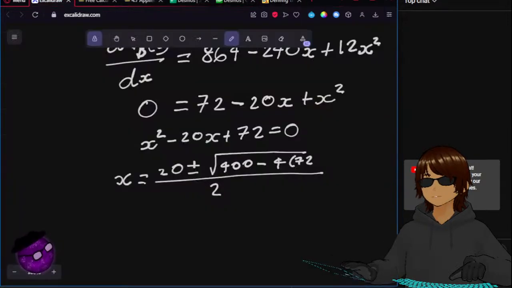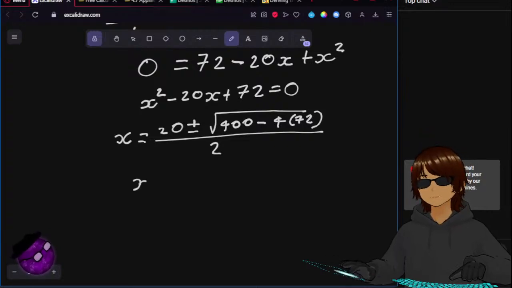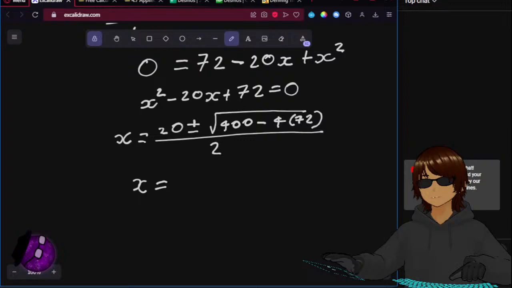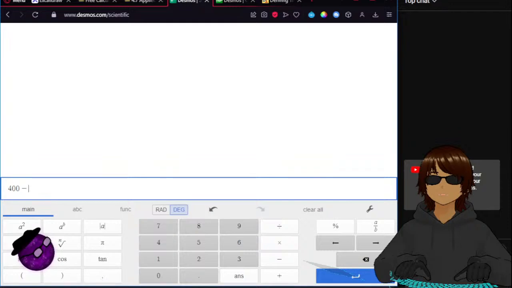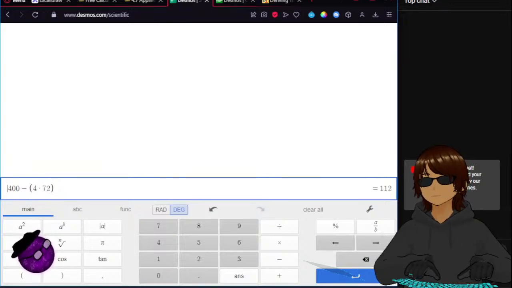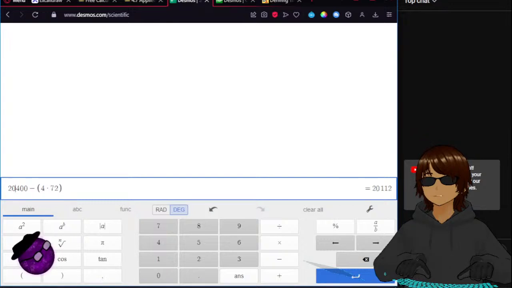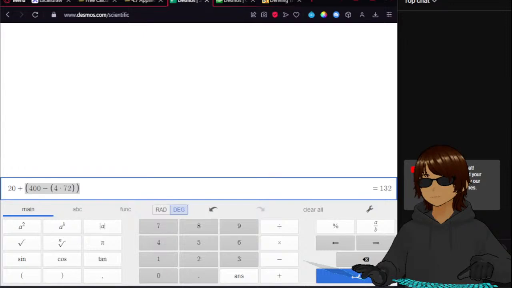Minus 4ac. 4 times 72. 400 minus 4 times 72. If I take all this, put it in brackets, take all this, put it in a root.